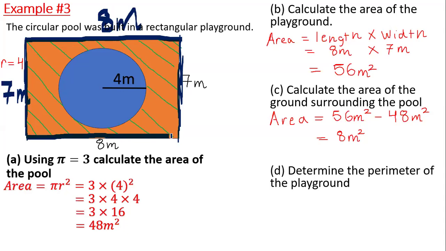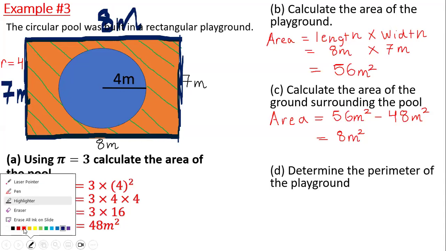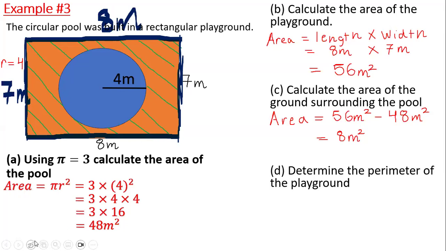If we were to add up all of the sides, what do y'all get when y'all add them up? I get 30. You got 30? I haven't added them up, so let's see.